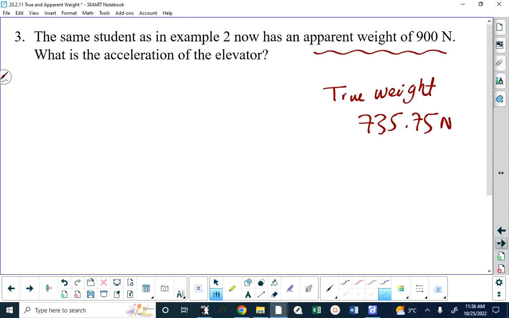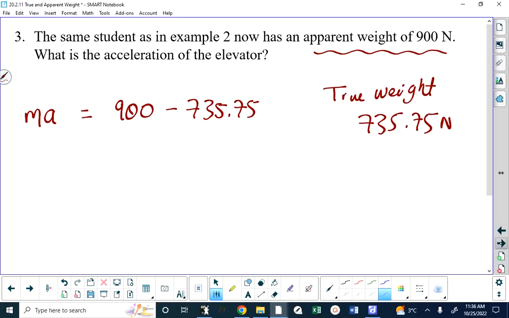You should be able to look at that and understand that they are accelerating up because their apparent weight is greater. So this is an upward acceleration, which means net force, which is MA, is the apparent weight of 900 newtons minus the true weight of 735.75 newtons.